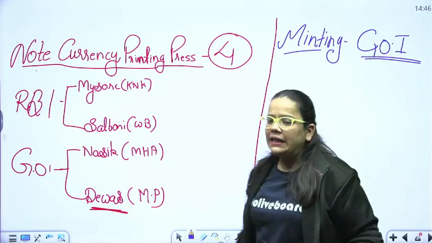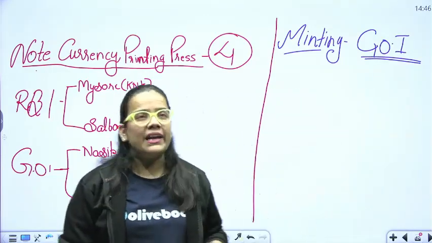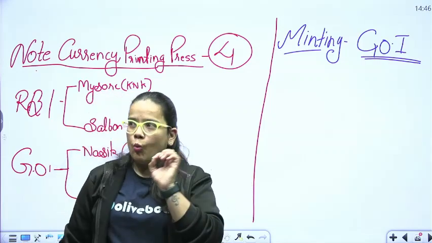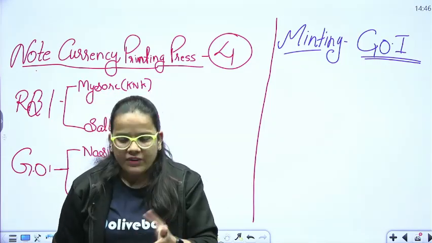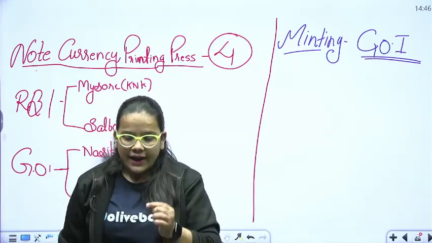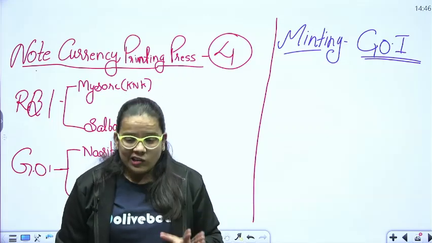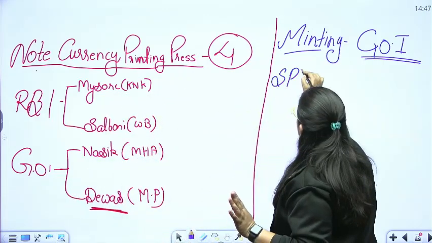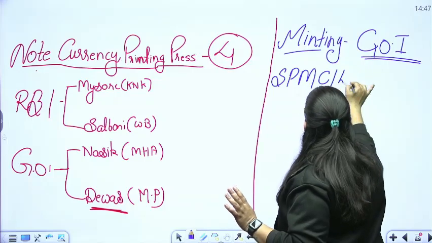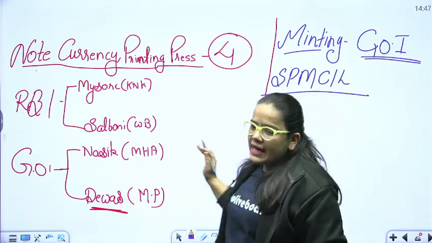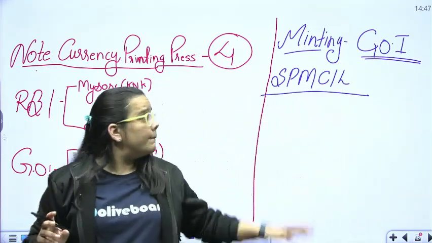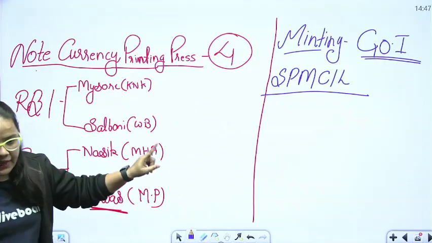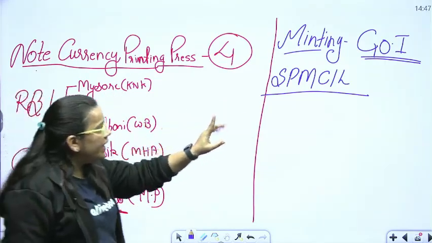Okay. And the Government of India manages this minting part with one company, we can call it SPMCIL. Now, SPMCIL is Security Printing and Minting Corporation of India Limited.